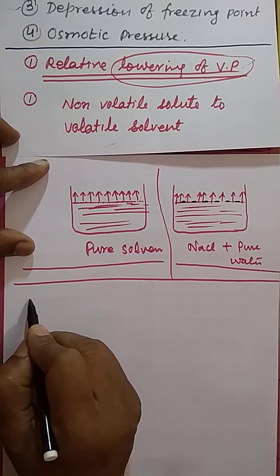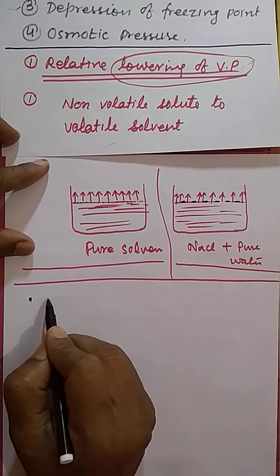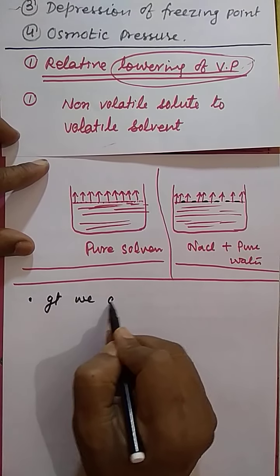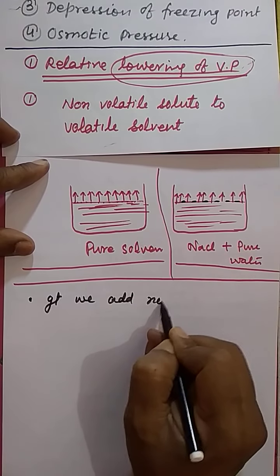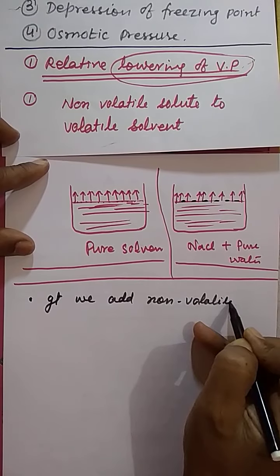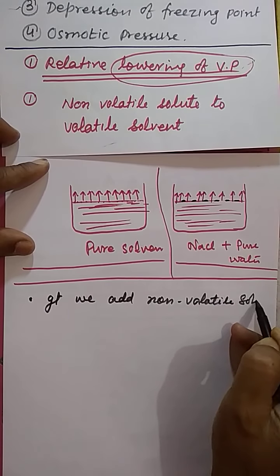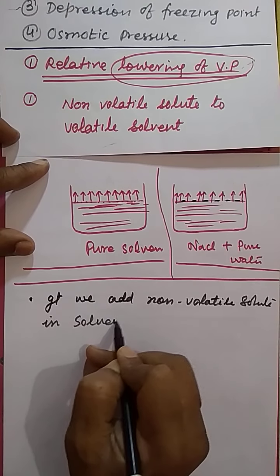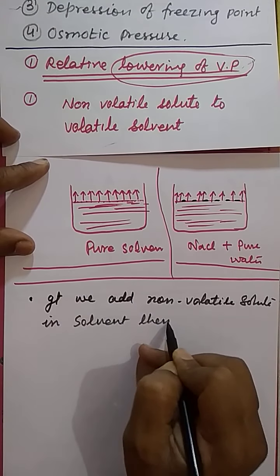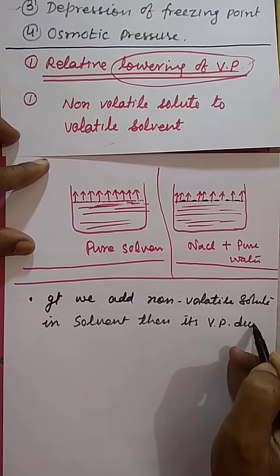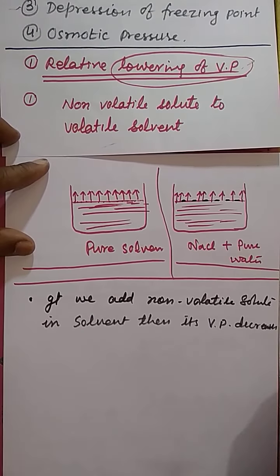So first we write, if we add non-volatile solute in solvent, then its vapor pressure decreases, right?